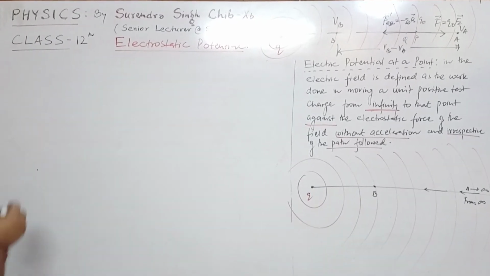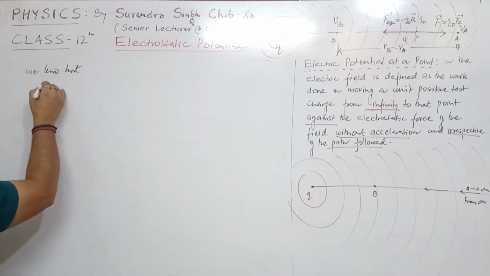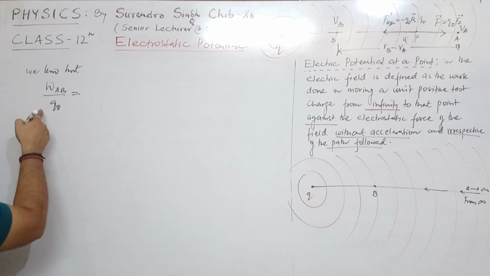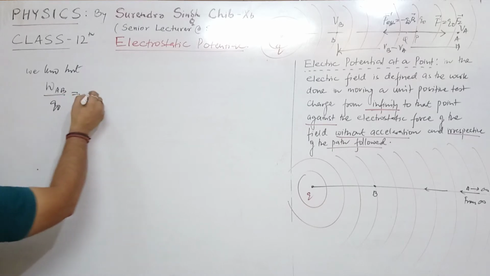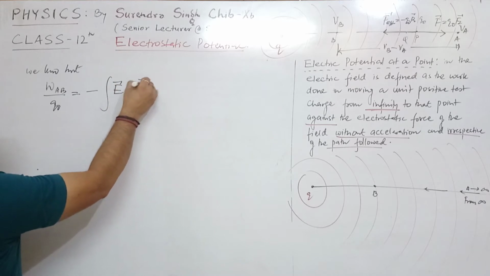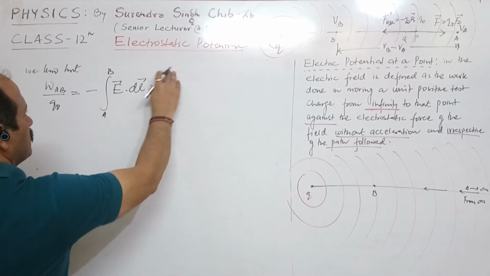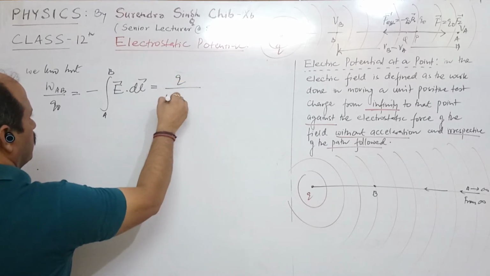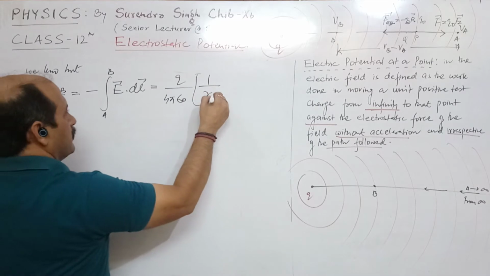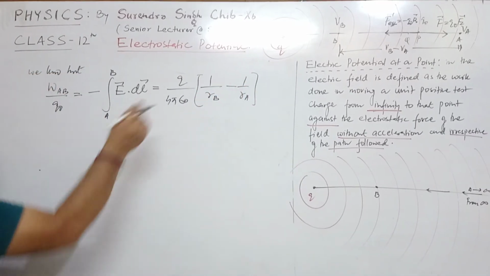So what we know that? We know that we have derived it earlier. Work done from A to B by moving a unit test charge Q naught is equals to minus the electric field E dot dl from A to B is equals to Q upon 4 pi epsilon naught, 1 upon RB minus 1 upon RA. अब क्या हो रहा है उस केस में? क्या हो रहा है?